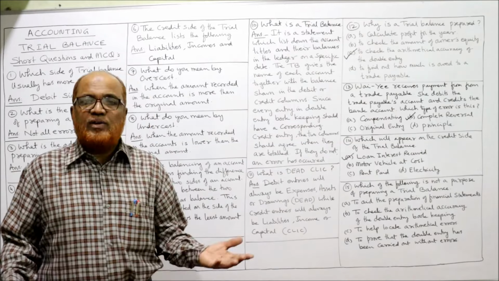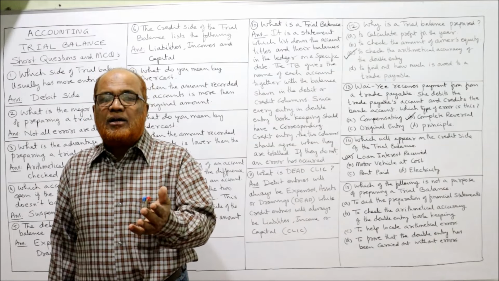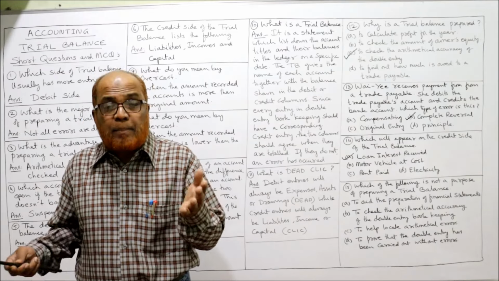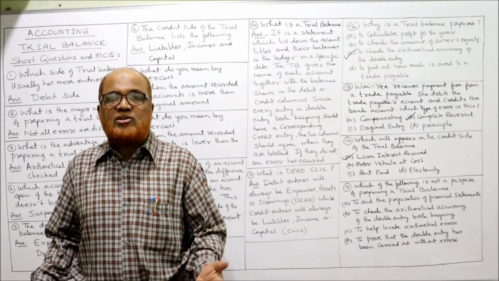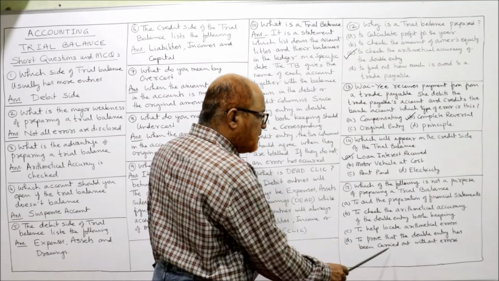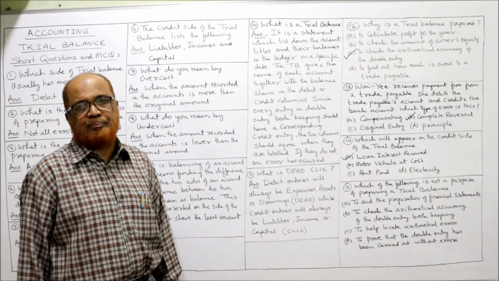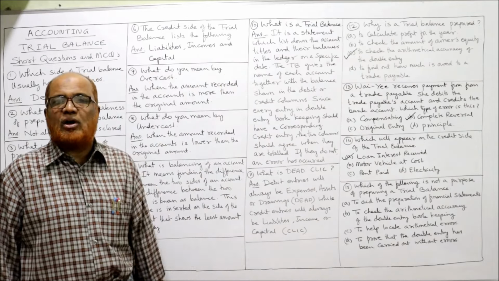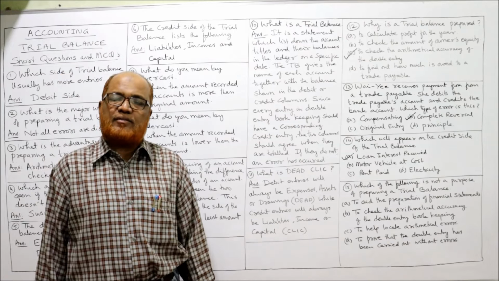Once we have decided that A, B, C are the purpose of making a trial balance, naturally D will not be the purpose. To prove that the double entry has been carried out without errors, no. This is not the purpose of making the trial balance.